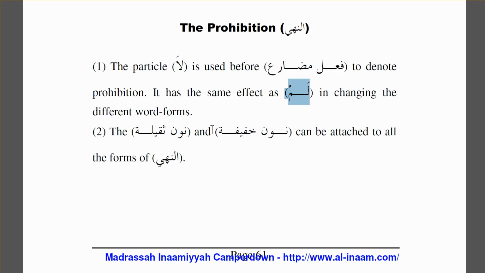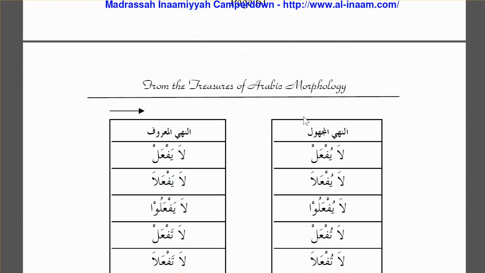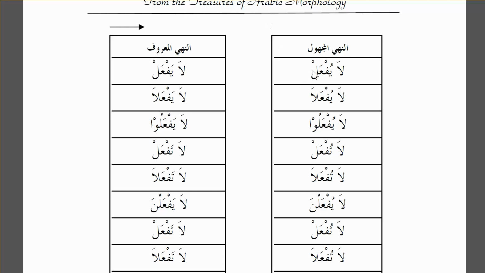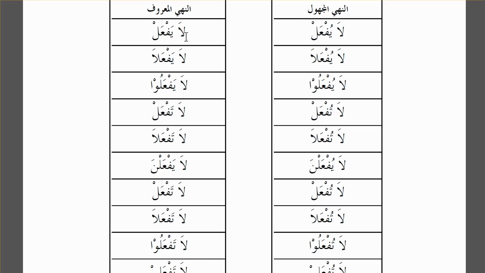What lam does is it gives a sakin to the end of the word. When you put lam at the front of a word, it changes the meaning big time, and we'll talk about that in our next video most likely. But also it changes the end of the word to sakin, and that's all they're telling you.